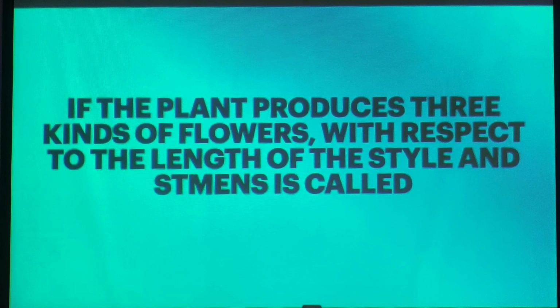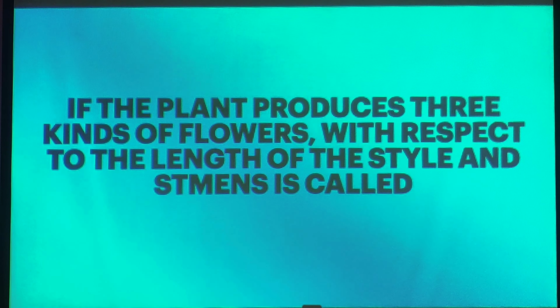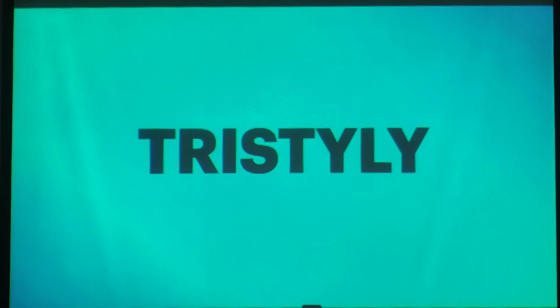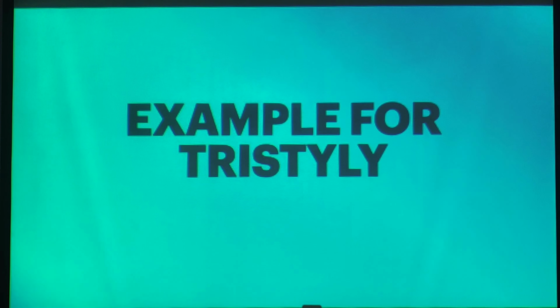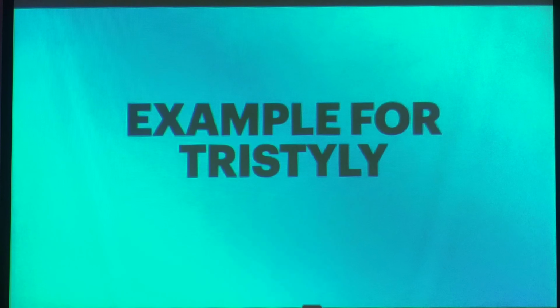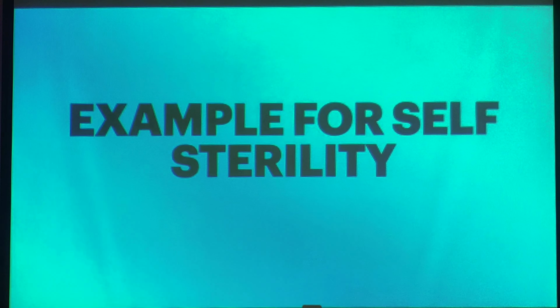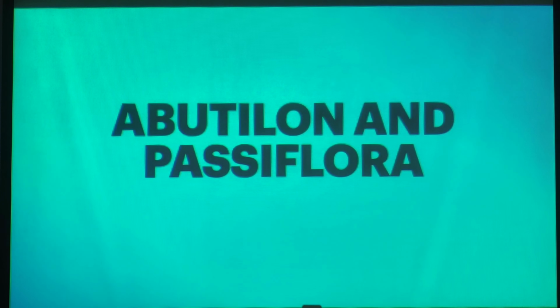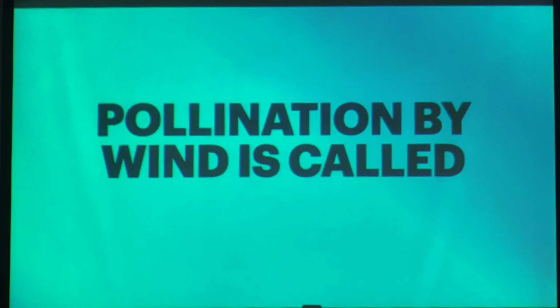If the plant produces 3 kinds of flowers with respect to the length of the style and stamen is called tristyly. Example for tristyly: Lythrum. Example for self-sterility: Abutilon and Passiflora.